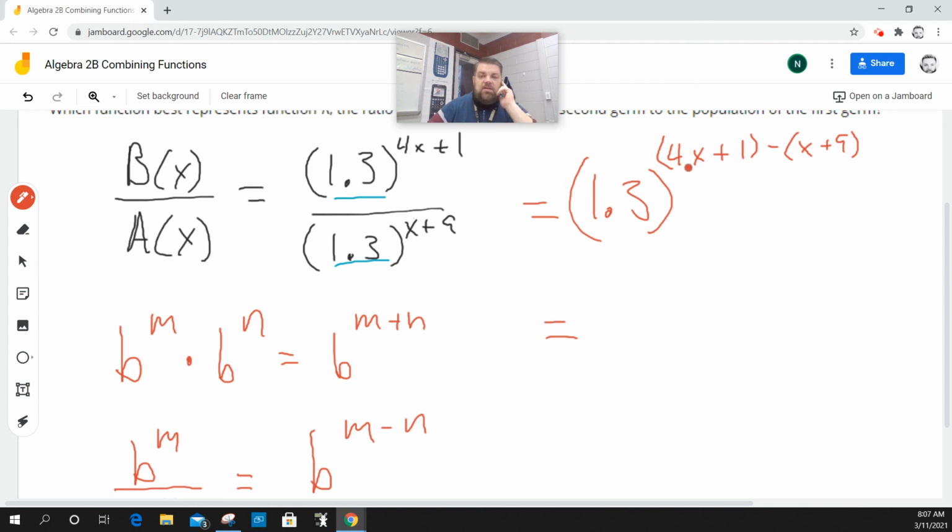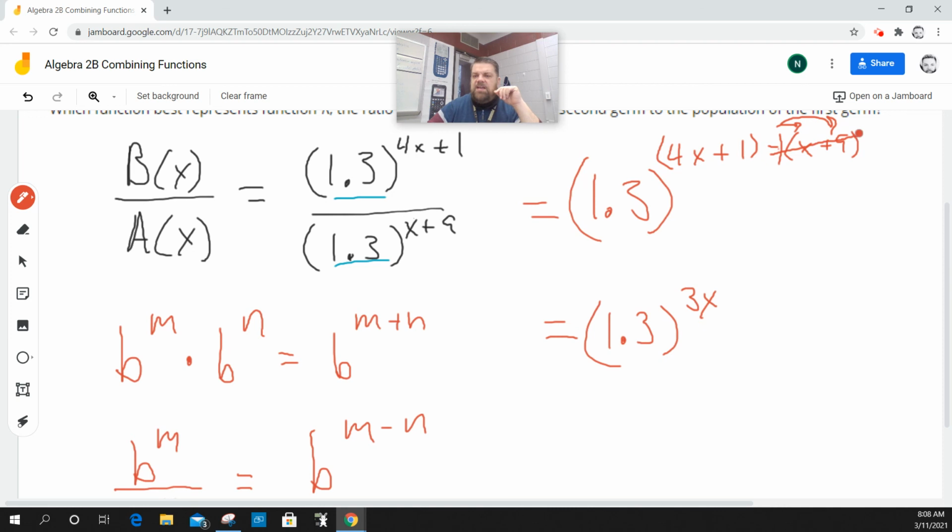So then you gotta remember to push this through the parentheses. So that'll be a negative x and a negative 9. In other words, when I simplify this, I'm going to have 1.3, 4x minus 1x gives me 3x. And then 1 minus 9, right?